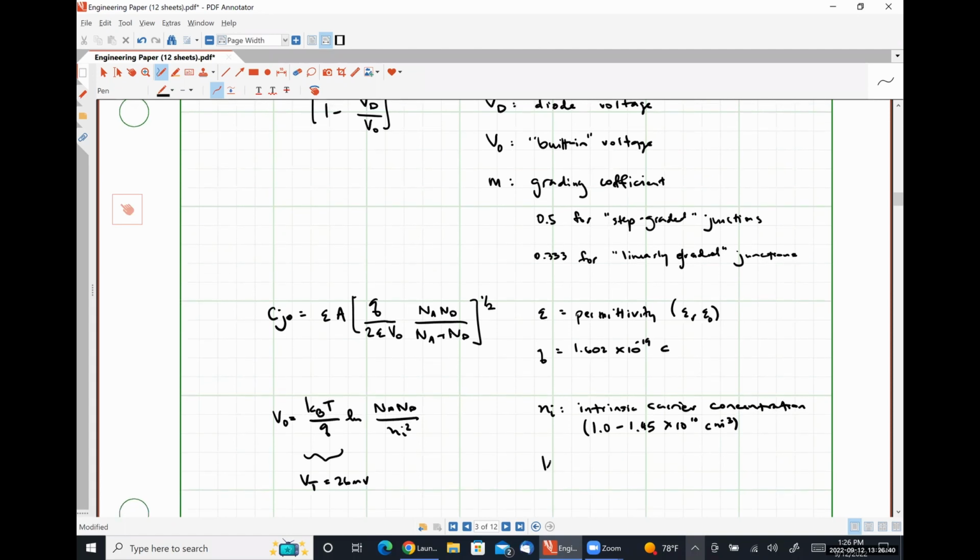And finally, kB is our Boltzmann's constant, 1.381 times 10 to the negative 23. I have here the units are electron volts per Kelvin, but that can't be correct because the electron volts version of this constant is like 8.5 times 10 to the something. So this has to be joules per Kelvin.